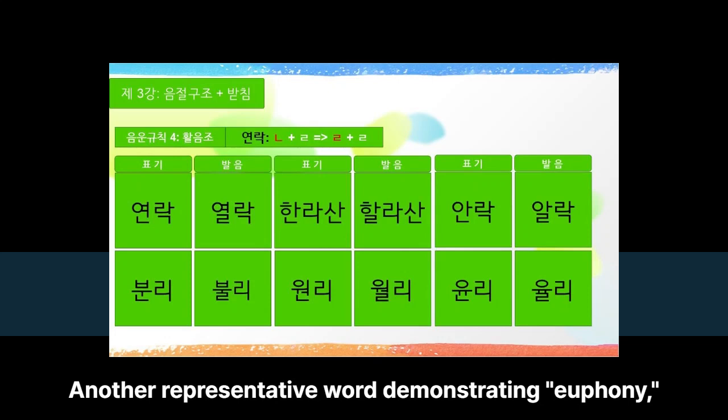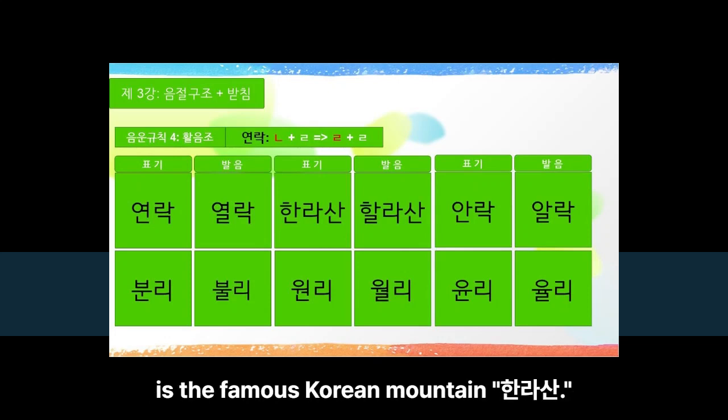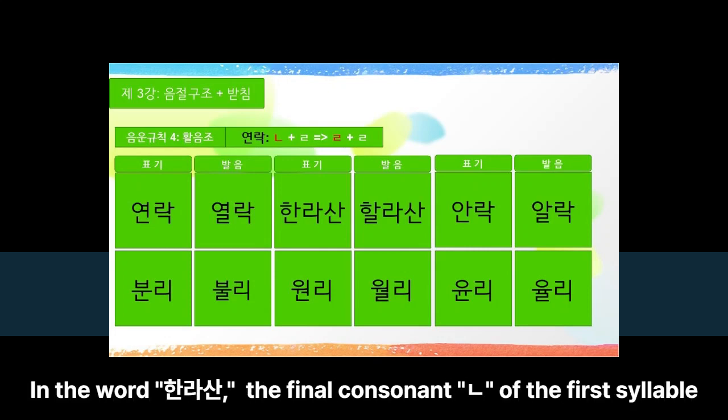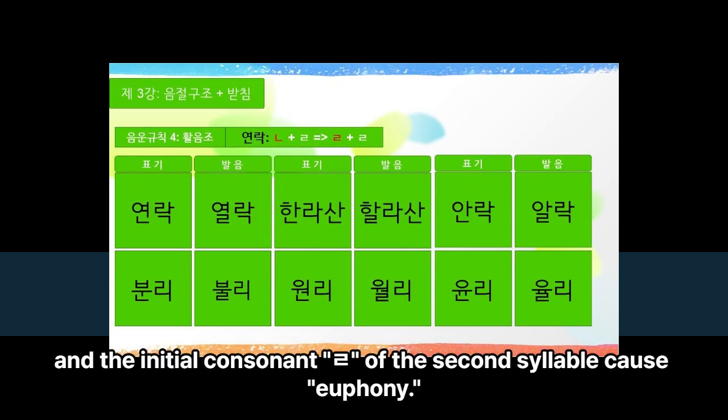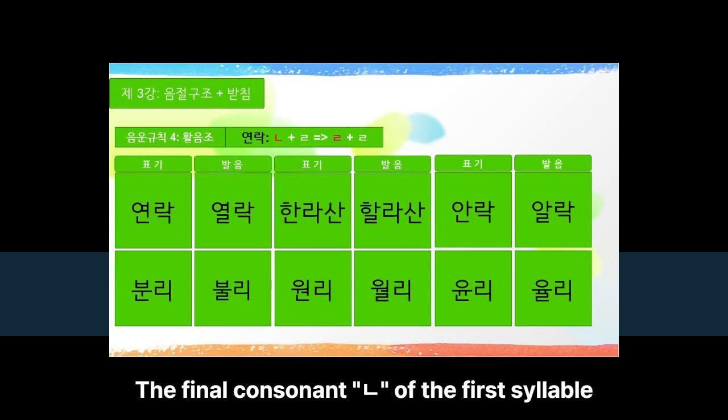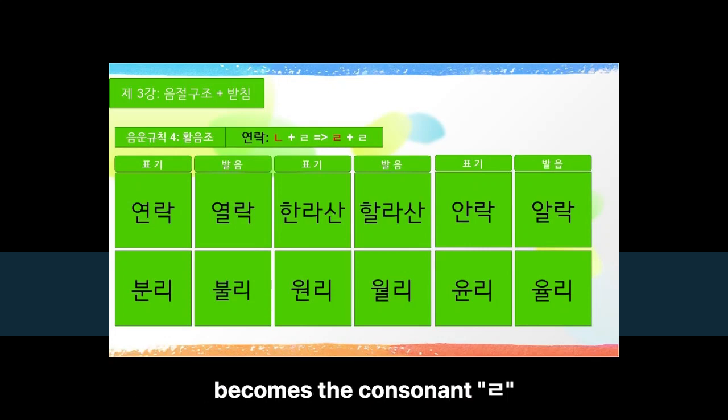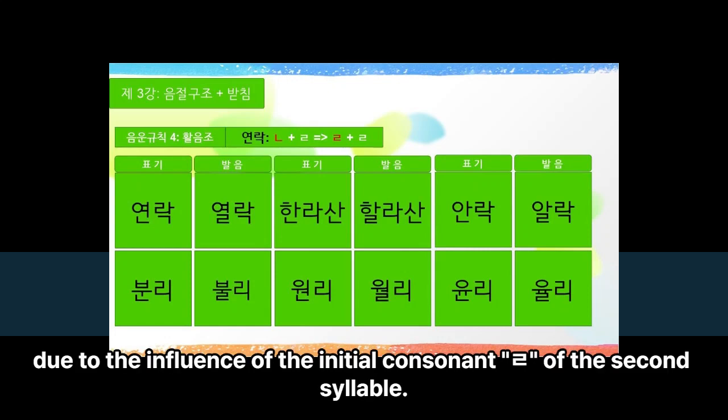Another representative word demonstrating this rule is the famous Korean mountain, Hallasan. In the word Hallasan, the final consonant nieun of the first syllable and the initial consonant rieul of the second syllable cause liquidization. The final consonant nieun of the first syllable becomes the consonant rieul due to the influence of the initial consonant rieul of the second syllable.